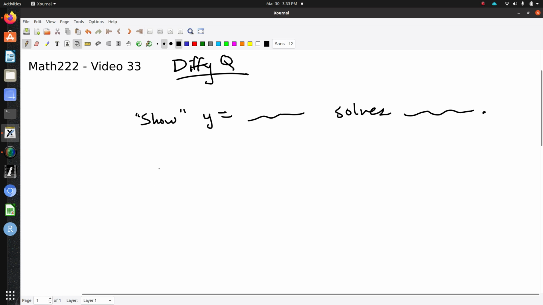So, for example, show that y equals sine of x solves y'''' equals y. The way you would do this as a student is you'd say y equals sine of x, and you would dutifully take some derivatives.